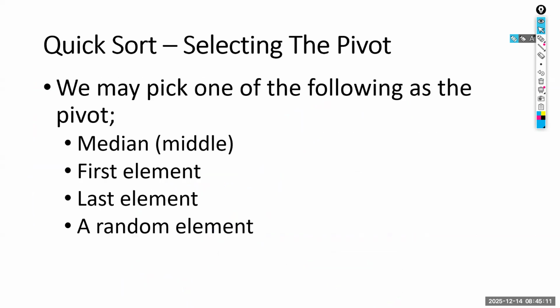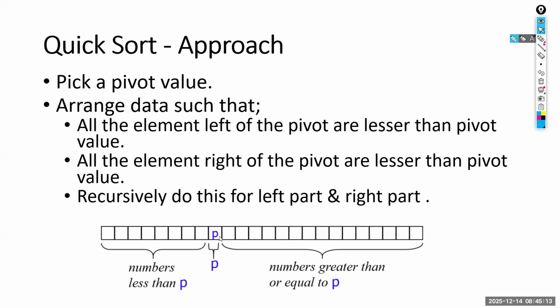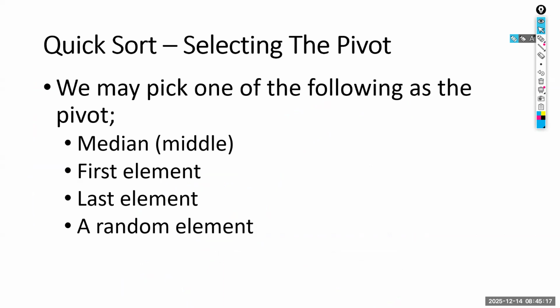So as I told you, this pivot value, that is your selected value for each iteration, can be selected in different ways. Maybe you can take it as your middle one, first one, last one, or even random. That is why there are so many different variations of quicksort.